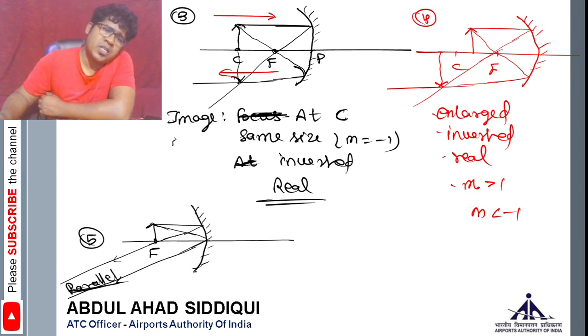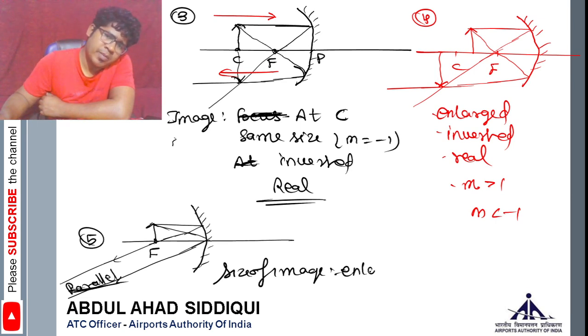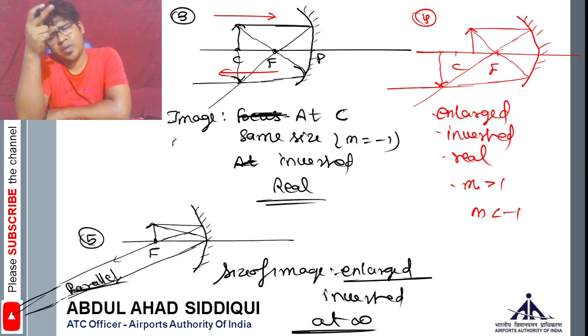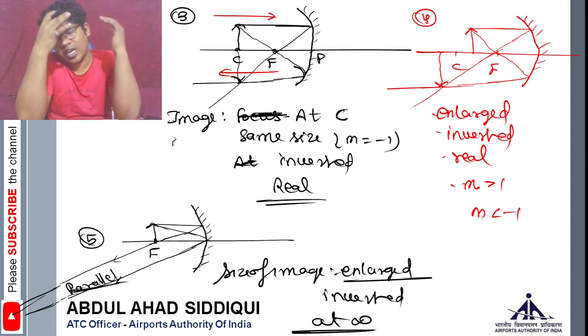So it means the size of the image will be too much, enlarged. It will appear that somewhere it is going to intersect at infinity. They are just going to infinity. Inverted, where it is focusing at infinity. At infinity means it will be formed at a very large distance. Inverted, it will be a very big image.